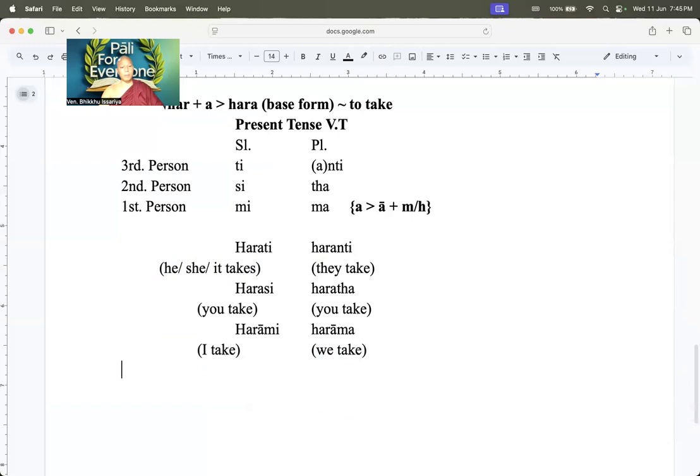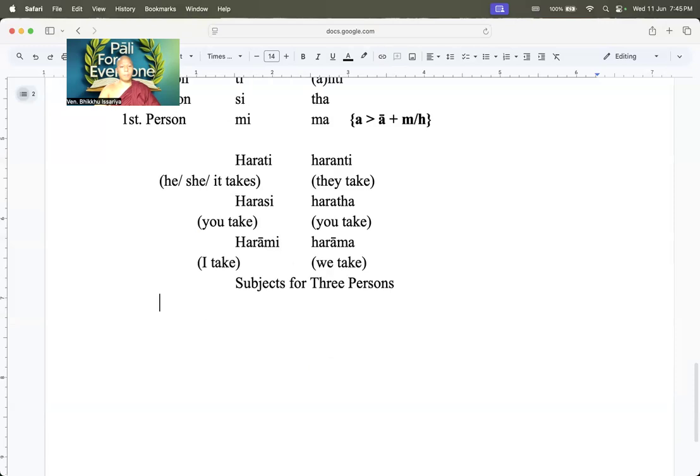So for the third person now, subject, singular and plural.